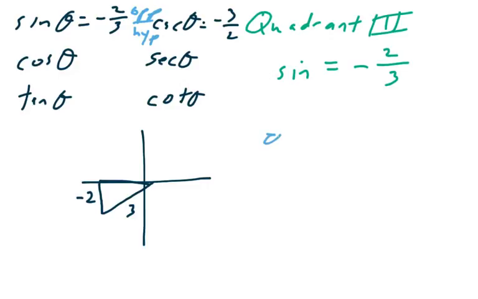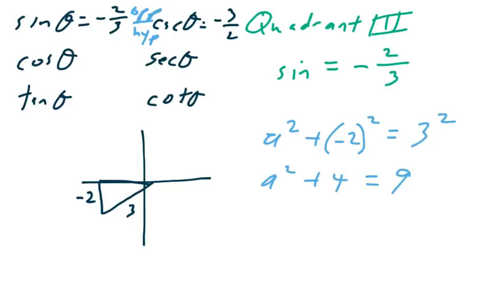So a squared plus -2 squared is equal to 3 squared. A squared plus 4 equals 9. Make sure that this is a positive 4, because when I subtract it, I get a equals 5, which means this is the square root of 5.